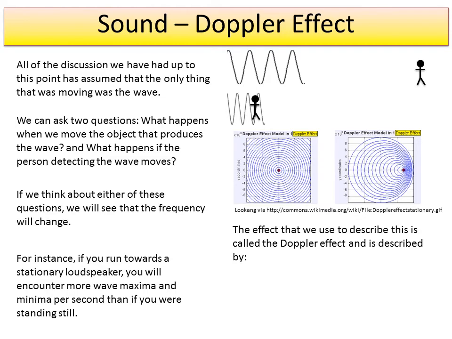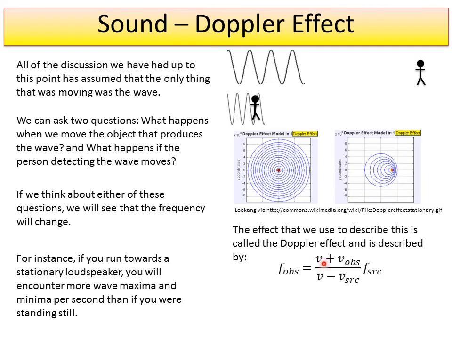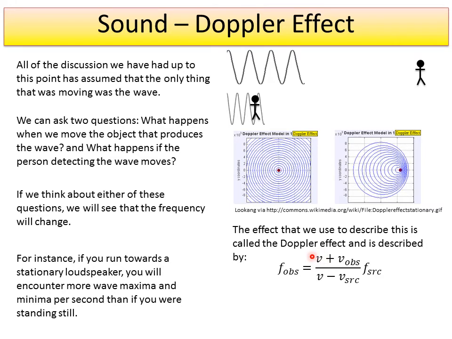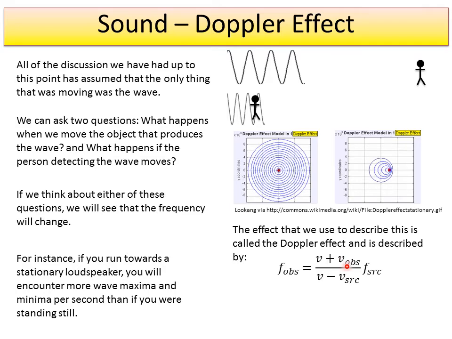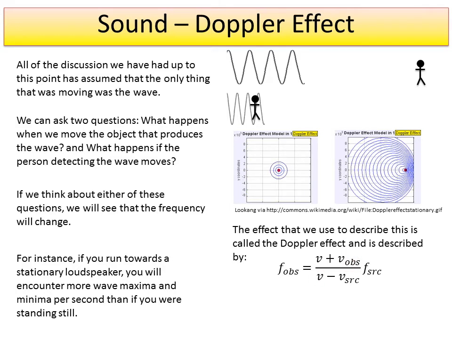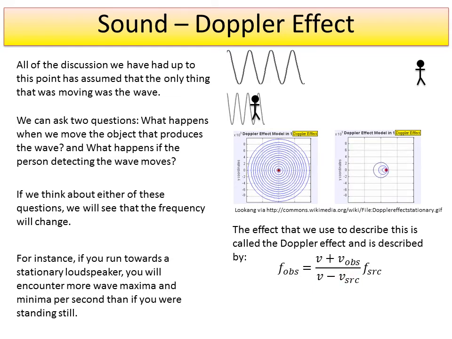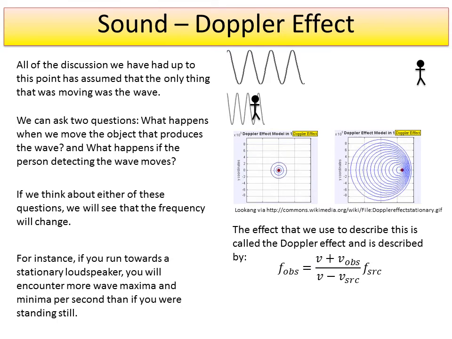This is what's described as the Doppler effect, and it's given by this equation. It says that V, the velocity of the sound in air, or the velocity of our wave, plus the velocity of the observer, divided by, again, the velocity of our wave minus the velocity of our source. When I say the velocity of the wave, I mean how fast the wave propagates through the medium.